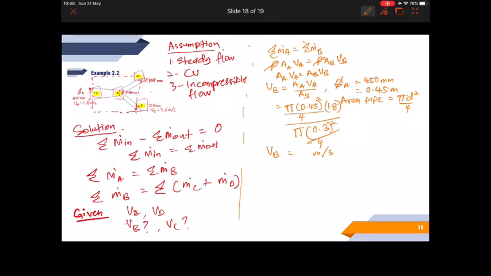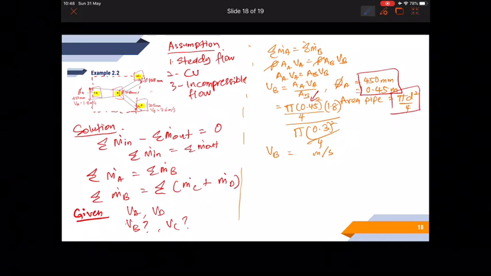You just have to make sure that you put correct value for diameter here, and then correct expression of area for the pipe, and must make sure you change from mm to meter.